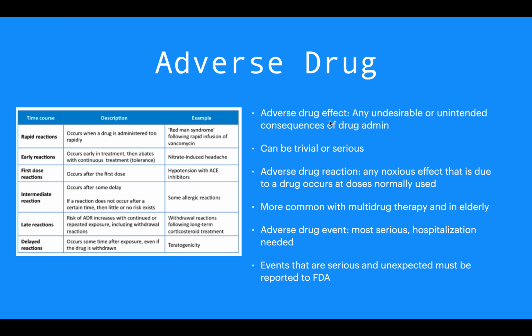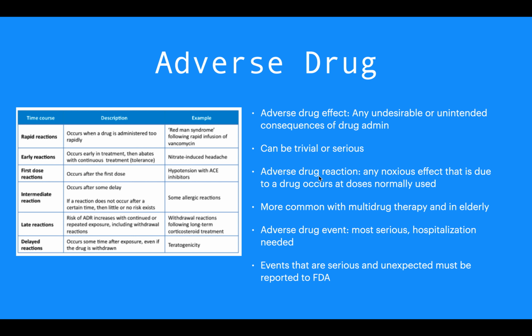For example, one of the medications out there for insulin right now has an adverse drug effect of weight loss. Somebody who's struggling with type 2 diabetes is usually overweight, so this is not necessarily a bad side effect. But an adverse drug reaction is, for example, too much warfarin leading to increased bleeding.